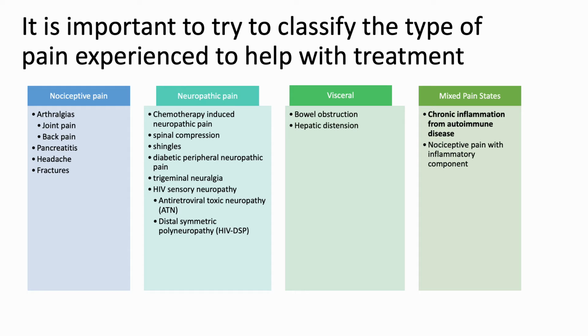Visceral pain is hard to really describe when we see people with a bowel obstruction or hepatic distension, but this is discomfort, for example, in the abdominal area, but really hard to describe. And then we can have people that have mixed pain states, like chronic inflammation from autoimmune disease, or nociceptive pain, like back pain with a spinal cord compression with nerve pain down the leg.